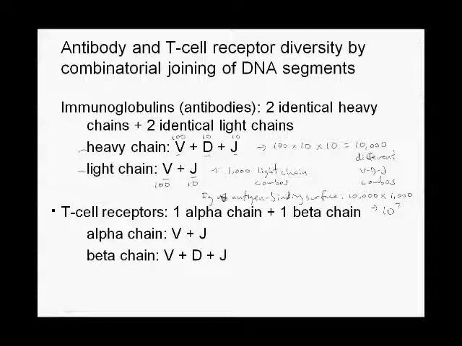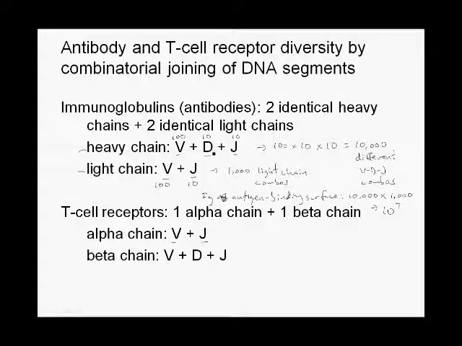And T-cell receptors undergo the same type of DNA rearrangements. The alpha chain has V segments and J segments that are combinatorially joined, and the beta chain has V and D and J segments that are combinatorially joined, and those have at least a similar range of different combinations. And then there are even more possible combinations, because when these are joined together, the joining is imprecise.